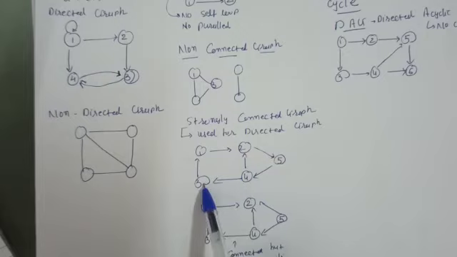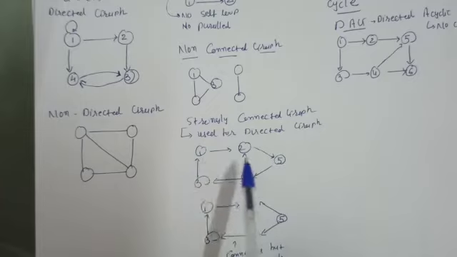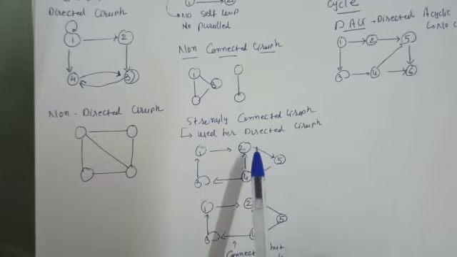Again I can reach 3 also. If I start from 4 and want to reach 1, I can go from 4 to 3 and 3 to 1. So if you can start from any vertex and reach any other vertex, it is called a strongly connected graph.